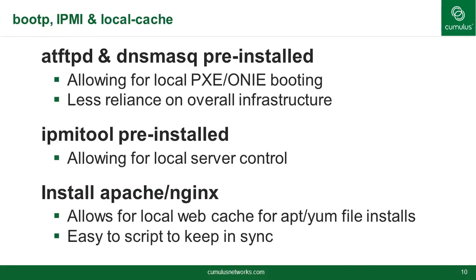Another area that we focused on is also pre-installing a TFTP server, and then also the set of tools that are already in dnsmasq like I talked about. This allows you to do things such as locally PXE or ONIE booting devices that are in the rack.